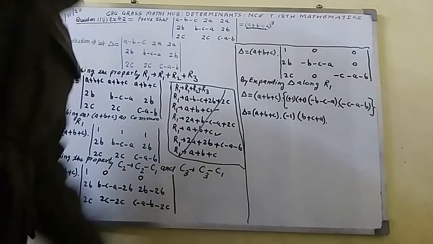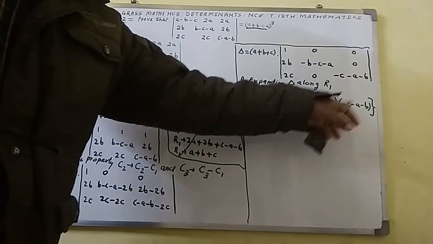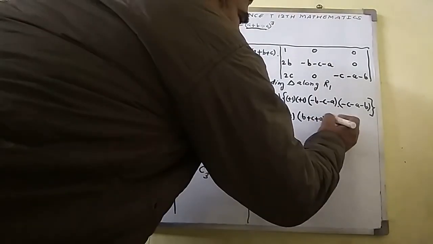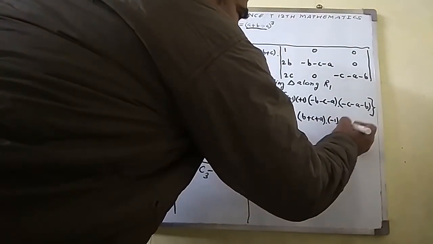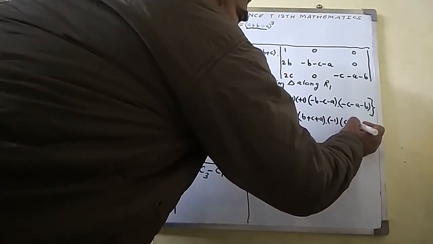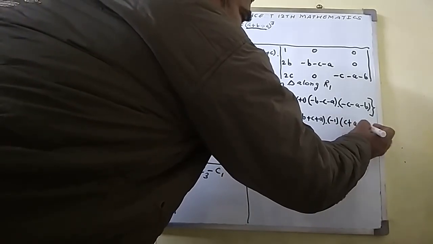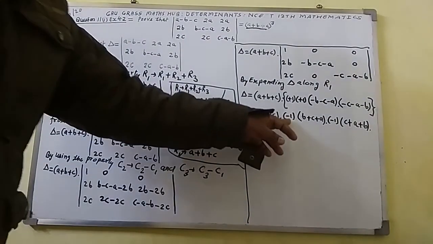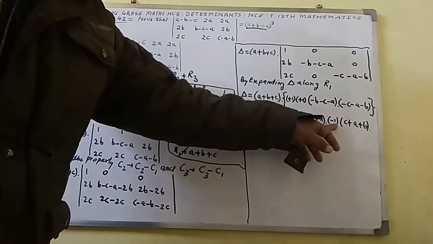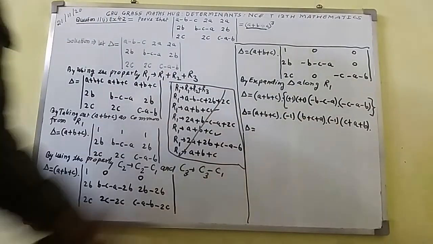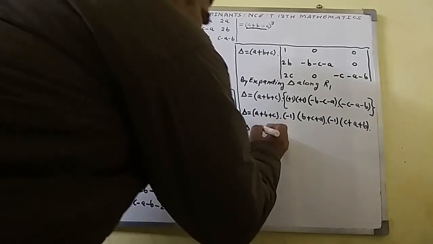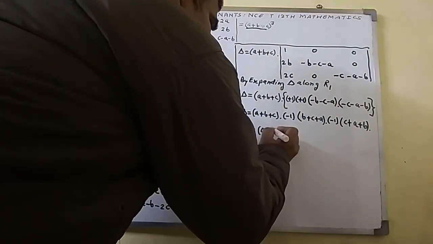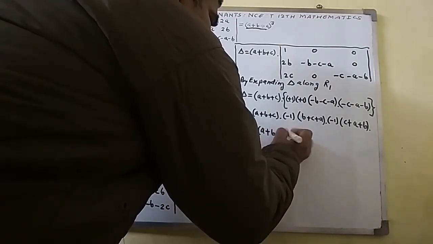And here also, if you take minus 1 as common, so here write minus 1 as common, so you will get here C plus A plus B. This thing you will get. So here write det equal to, here minus 1 will multiply to minus 1, comes out to plus 1. So here you will get A plus B plus C.